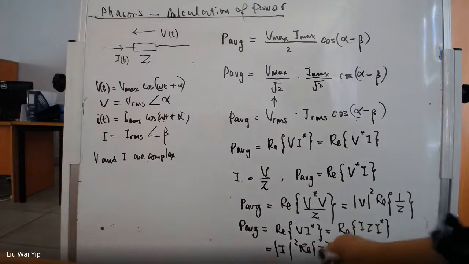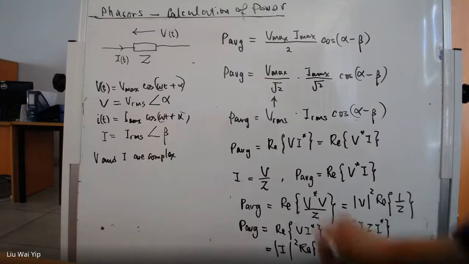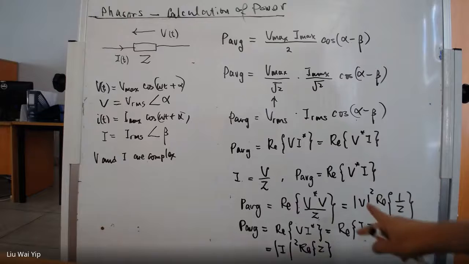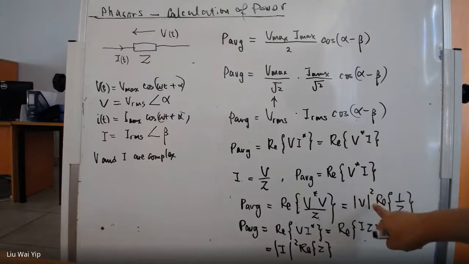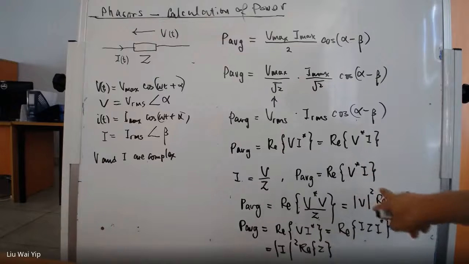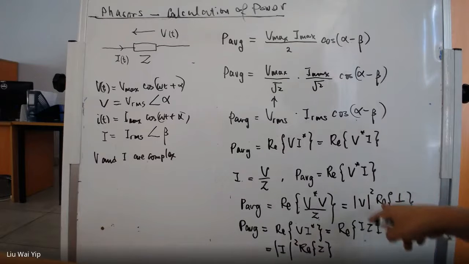So the magnitude of the current squared times the real part of the impedance will end up with power. By the same token, the magnitude of the voltage squared times the real part of 1 over Z will also end up with the average power.